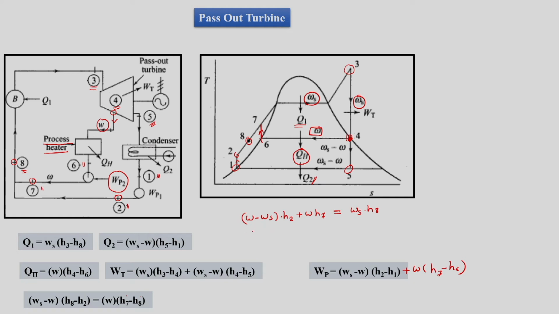So, what we will have is W into H2 minus Ws into H2 plus W into H7 is equal to Ws into H8.